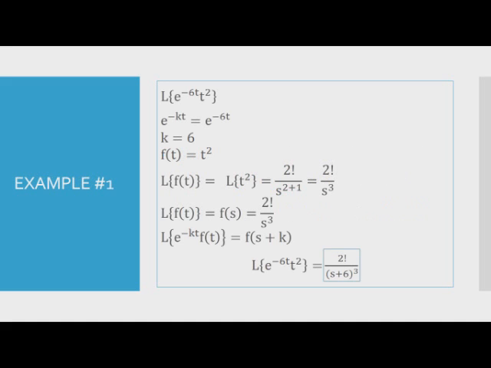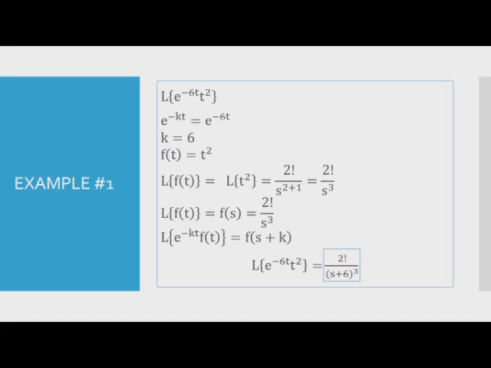First example, the Laplace transform of e raised to negative 6t times t squared. In this example, the e raised to negative kt is equivalent to e raised to negative 6t, so k is equal to 6, and the function of t is equal to t squared. So the Laplace transform of t squared is 2 factorial over s raised to 2 plus 1, which is equivalent to 2 over s cubed.